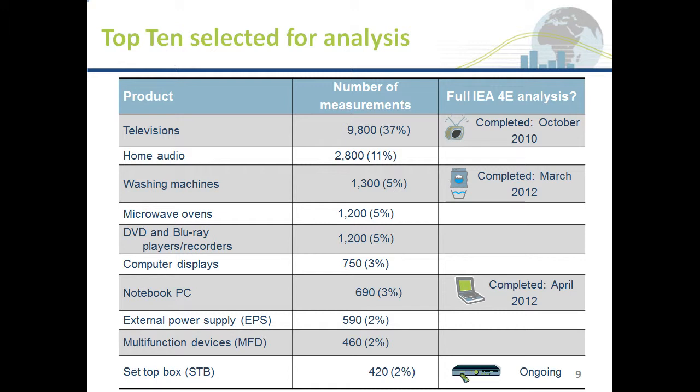The right-hand column there flags the products that are the subject of other analysis that has been published or will be published by the Mapping and Benchmarking Annex in due course, and where possible we did draw data across from those analyses as well into this analysis.